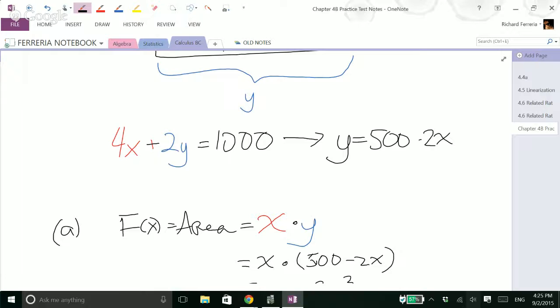The next thing is maximize the area. So let's get a function for area. Area is just the horizontal dimension multiplied by the vertical dimension. So X times Y. Substitute for Y. You know that Y is 500 minus 2X.